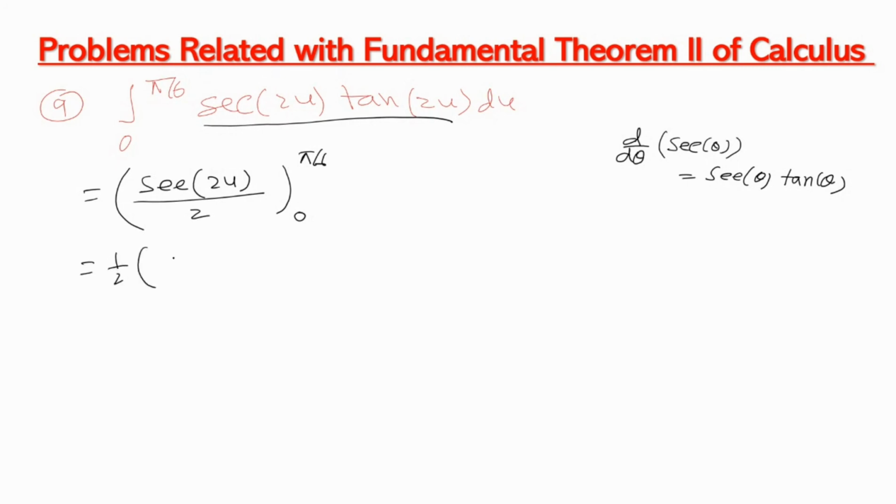So this is equal to half secant pi over 3 minus secant 0. So this is equal to half, secant pi over 3 is 2, minus secant 0 is 1. So therefore the answer is half.